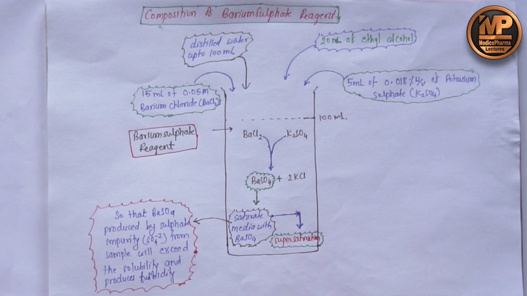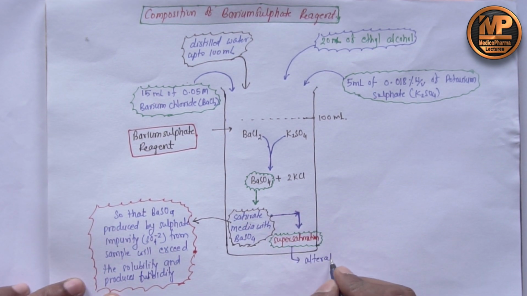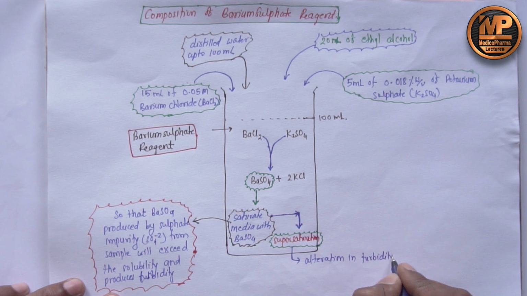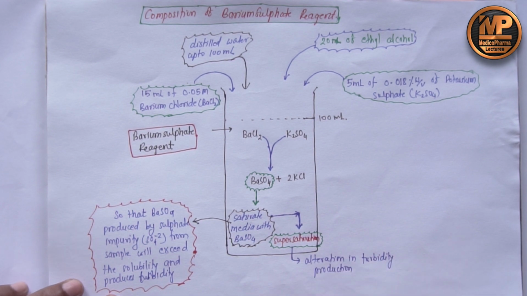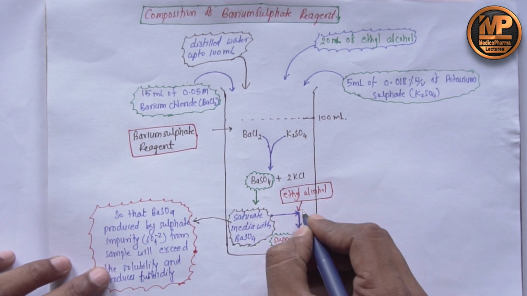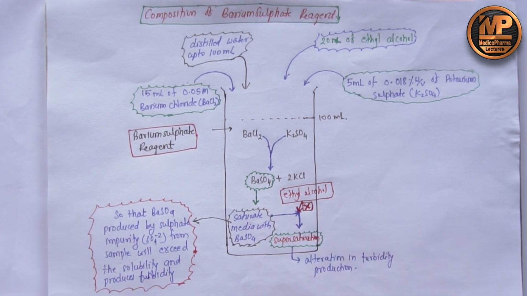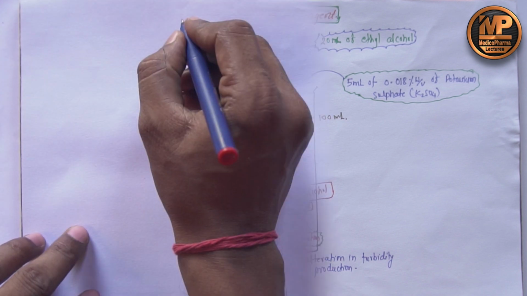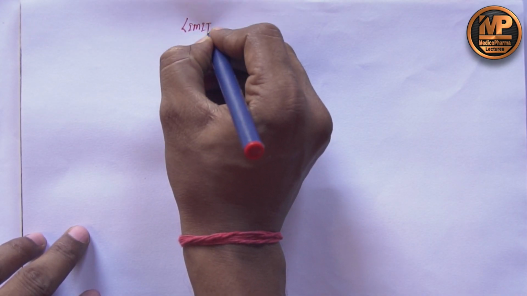As a result, there will be alteration in turbidity production by the sulfate impurity. Okay, so to prevent that we are also going to use ethyl alcohol. Okay, now whatever we have understood till now, we will summarize it and we will make a note.